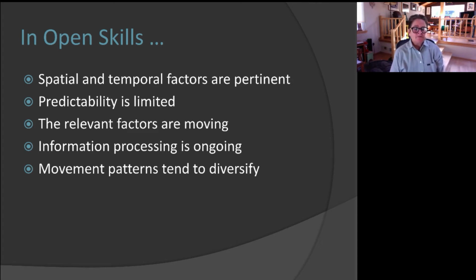In open skills, also, predictability is limited. In other words, I have to wait to get certain cues either from the performer early on, my opponent, or I have to get information once these spatial and temporal factors are in motion. So an example would be playing softball as an infielder.